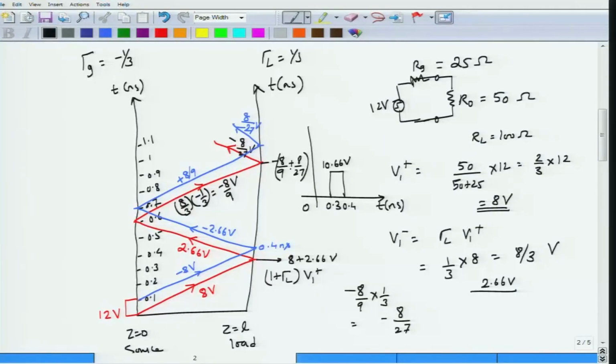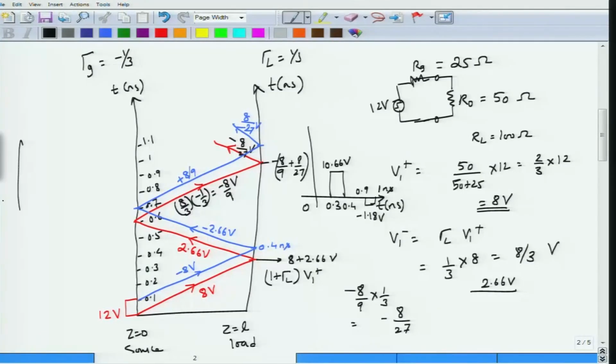If you add them together, what you get is about minus 1.18 volts, and that would be negative here, right. So this is 0.4, and then this would start at 0.6, and this is at 0.9 nanosecond, and then lasts until 1 nanosecond, right. So this would start at 0.9 nanosecond, and this would have a value of minus 1.18 volt.